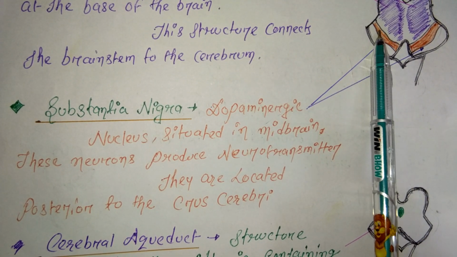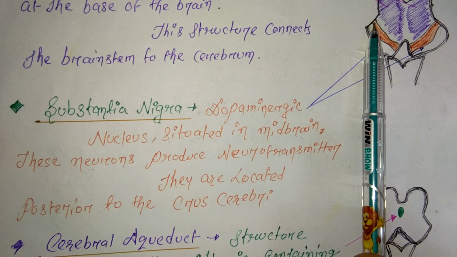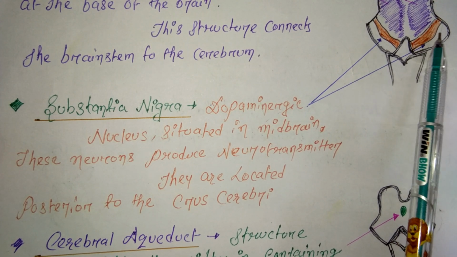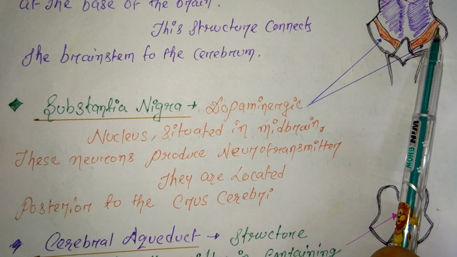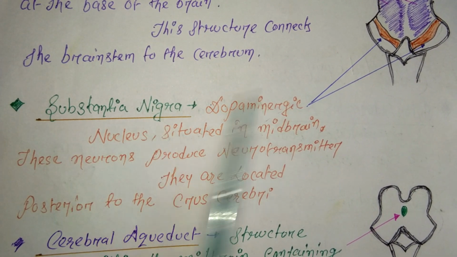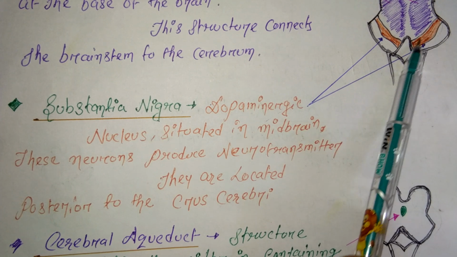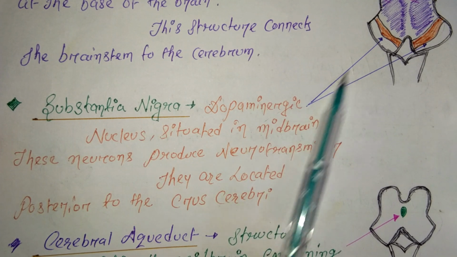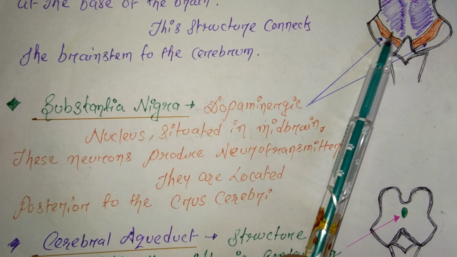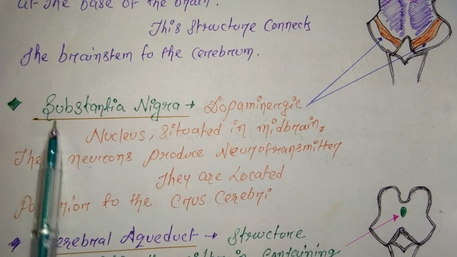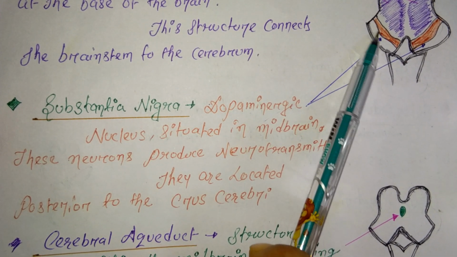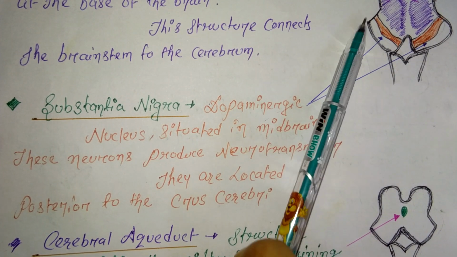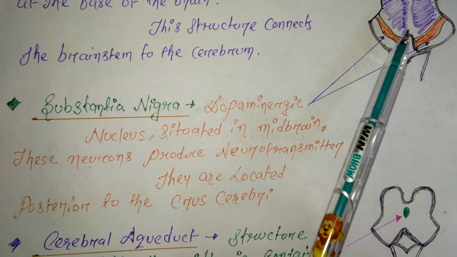They are two nuclei responsible for producing dopamine. It's a very tiny structure, but very important. Otherwise, we will not have dopamine in our brain. It is actually black in color, but I have drawn it in orange to help you understand.